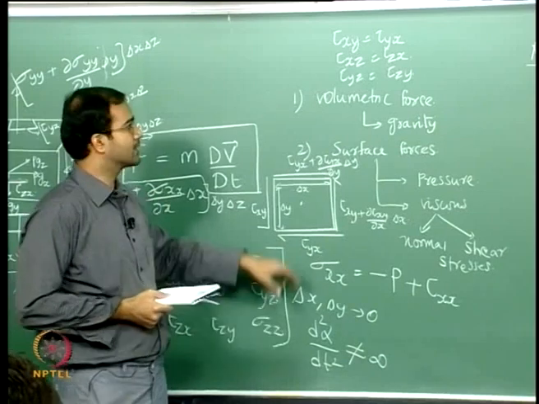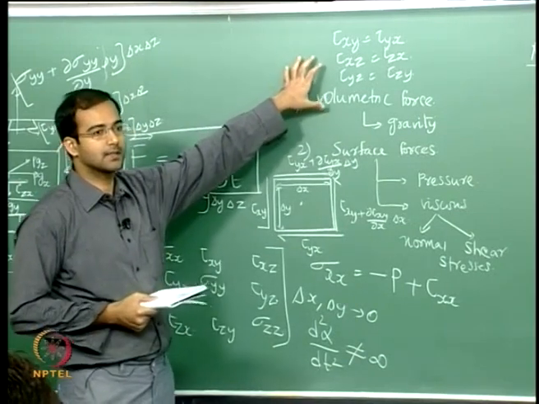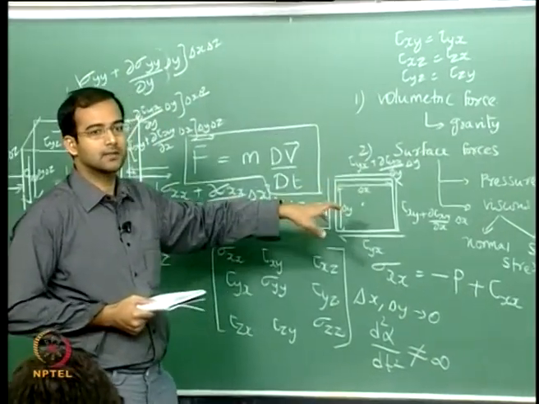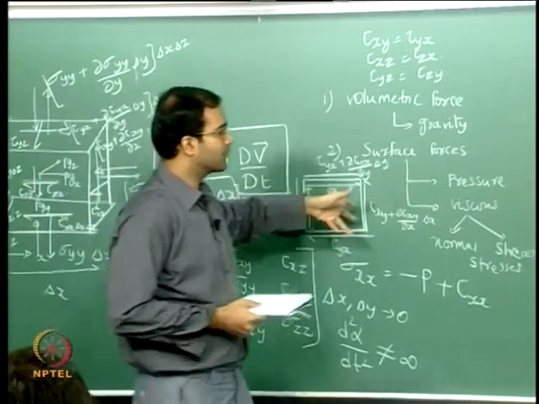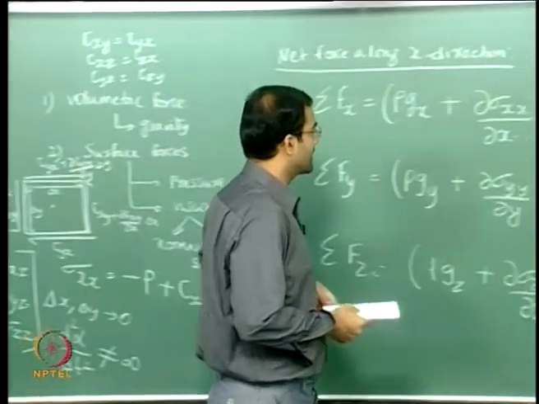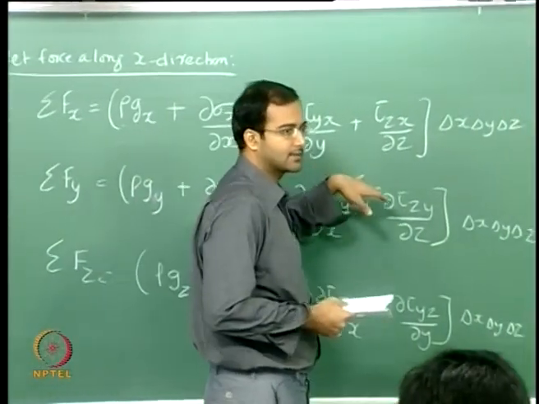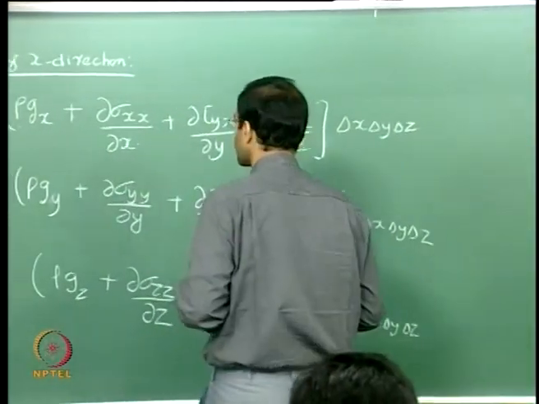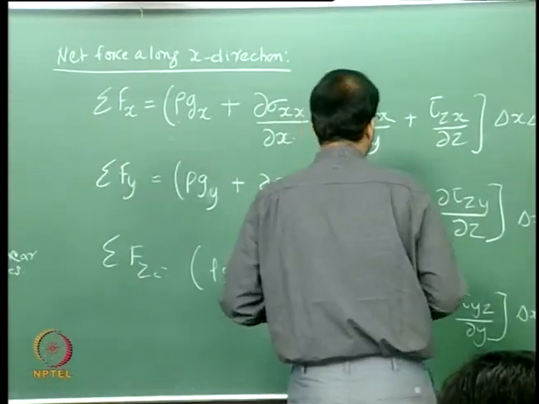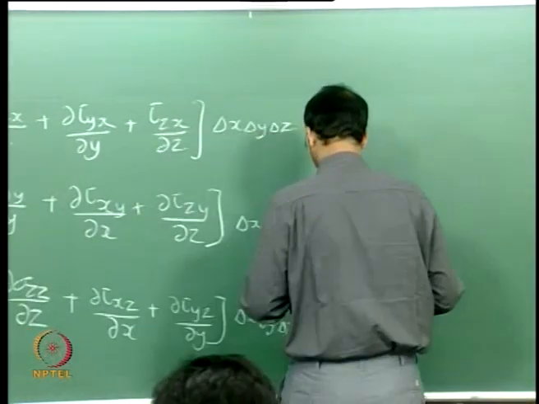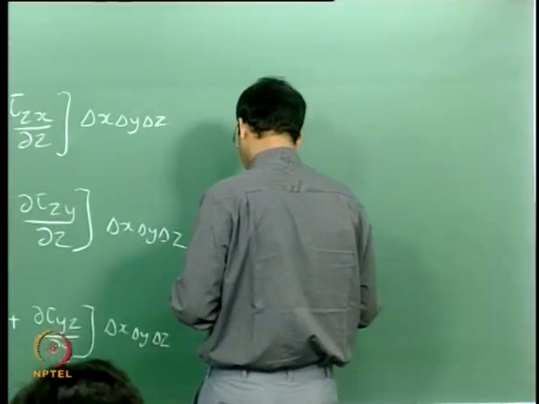So this has to be satisfied, which means that there is no rotation of this control volume caused by the imbalance of the forces. If you also implement that, the number of unknowns in the stresses comes down to a total of 6 instead of 9, and we will expand the forces and equate them to the total derivative.